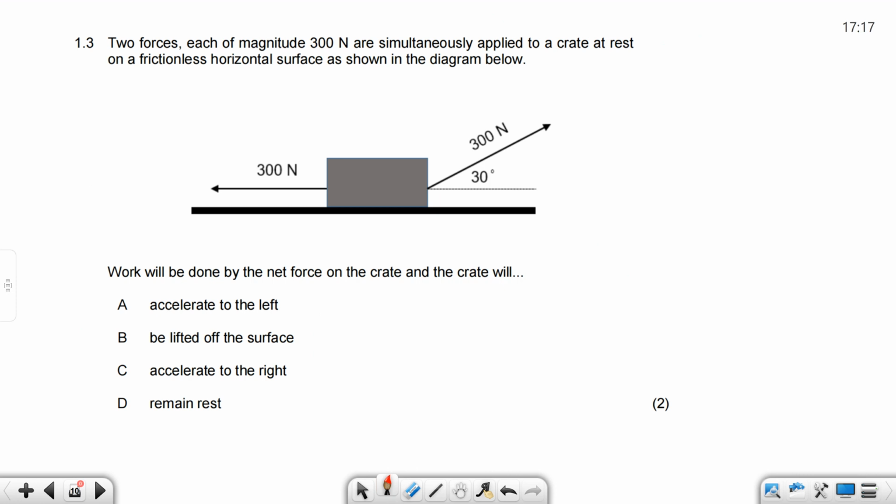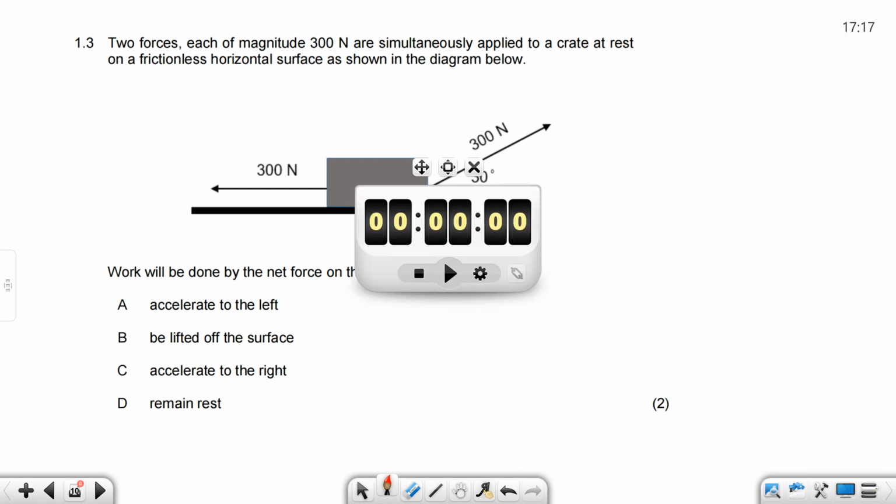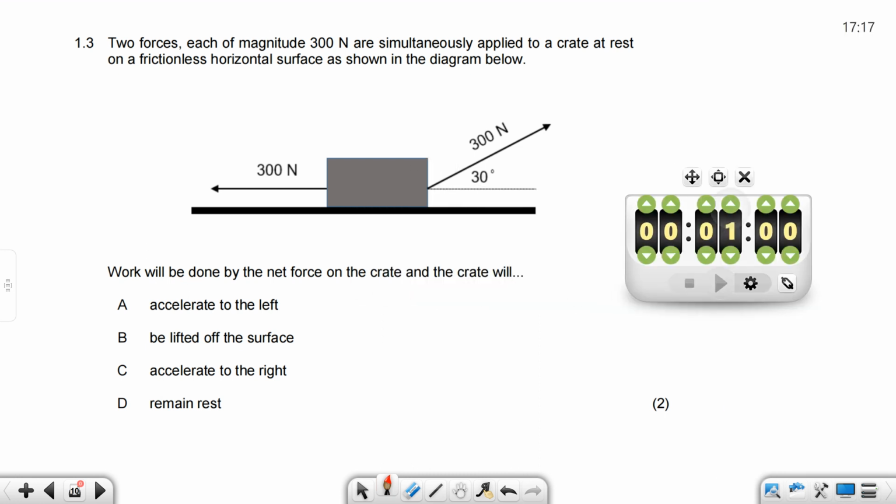All right, look at this. I want you to give me an answer. Guys, I'm giving you just 3 minutes. I want you to try this one. This one is quite straightforward. Please, everybody, 3 minutes.